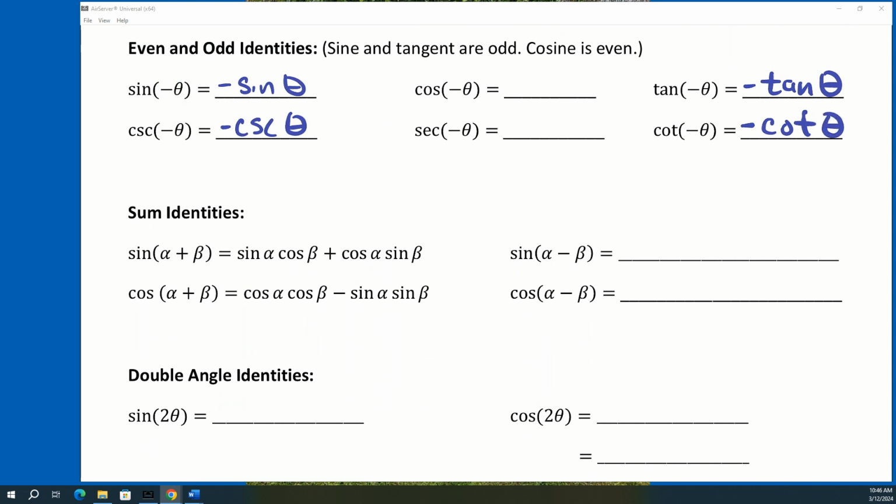What do you mean they're odd? They're odd functions. An odd function has two things we can remember about it. One is that if you put a negative x in for x, you get the complete opposite. And they're also symmetric with respect to the origin.